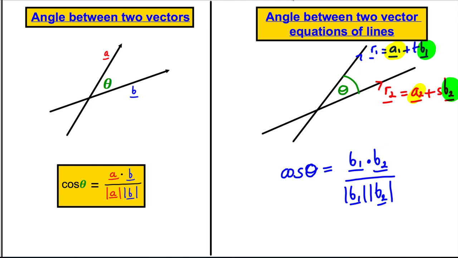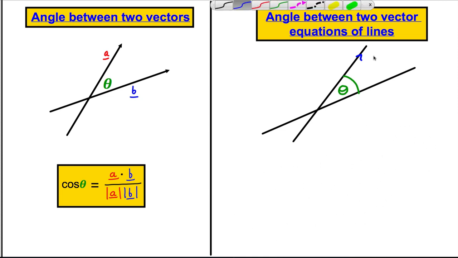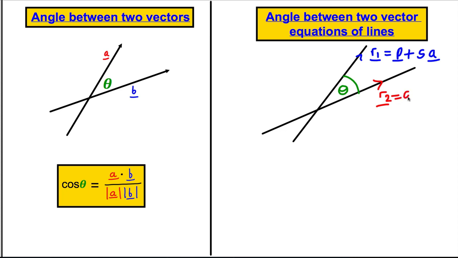Now, what's probably easiest in the exam, I'm just going to write this with different notations. Suppose here this was line R1, the vector equation of line R1, and this one here was R2. What might be easiest is to call the position vector in R1 P plus, let's say, S lots of vector A. And R2 we might call a position vector to start with Q plus T lots of B, the direction vector for line 2.